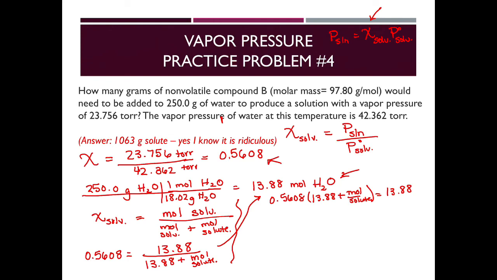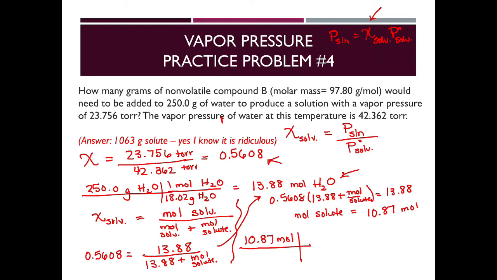We divide both sides by 0.5608, and then subtract 13.88, and we get that our moles of solute, once you finish rearranging this, will equal 10.87 moles. And so now we have 10.87 moles of our solute.